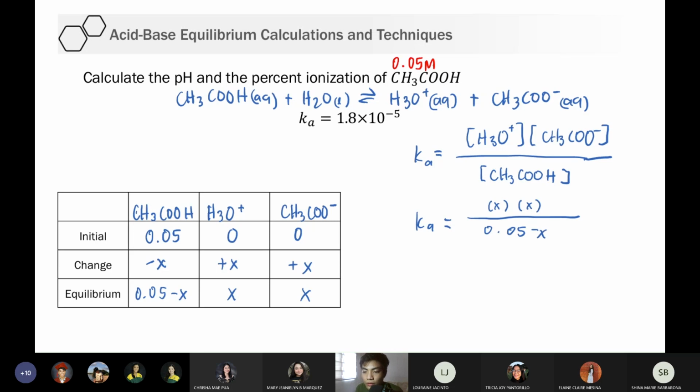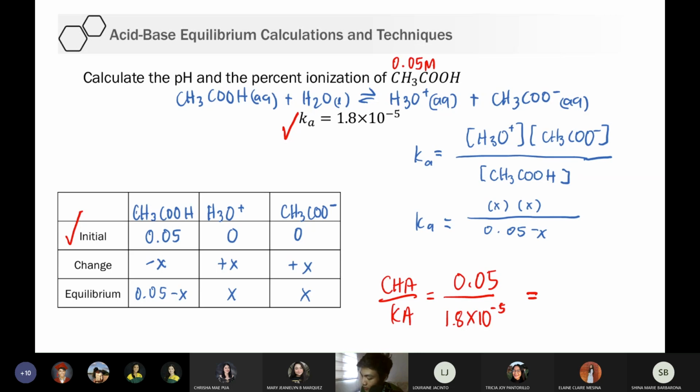You can proceed with quadratic equation, but since we already know the technique, let's try if kaya dito. So alamin natin if we can use the technique. Paano? You divide the concentration of your acid by the Ka. You just divide them. So that's Ca over Ka. That is 0.05 divided by Ka.